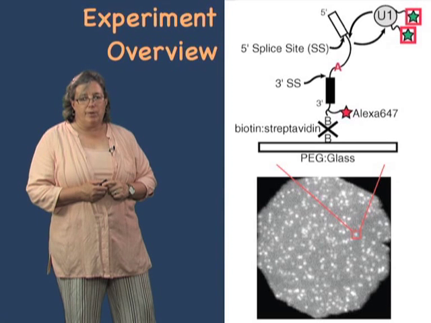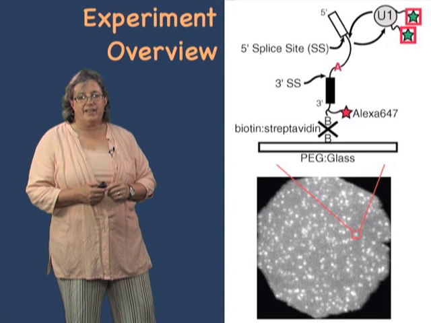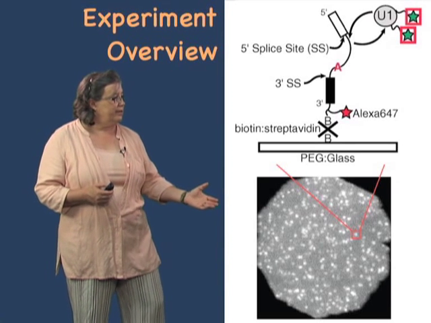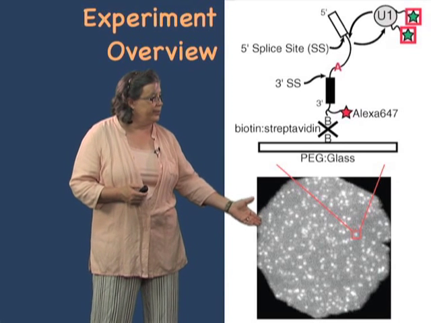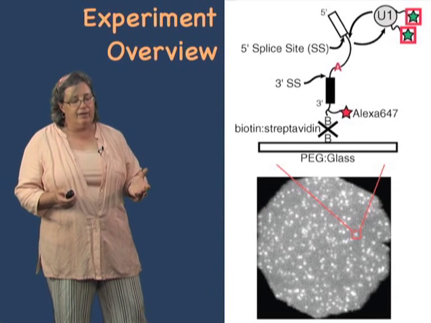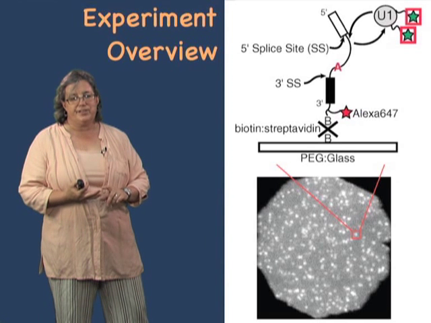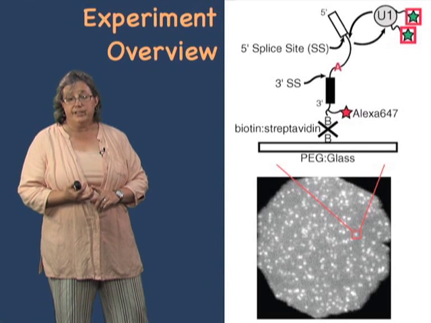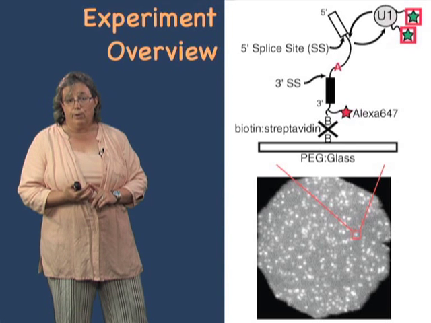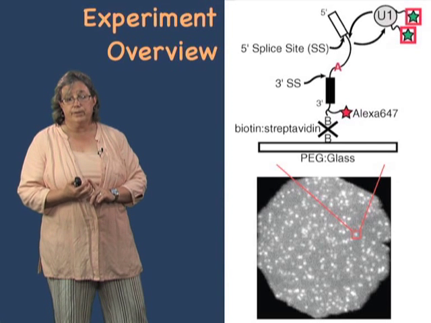One of the things about single molecule reactions is that you're really seeing everything that's going on. Anything that's fluorescent, any kind of dust or anything, you can see. So you really need to do a lot of controls to make sure that you know what you're looking at.